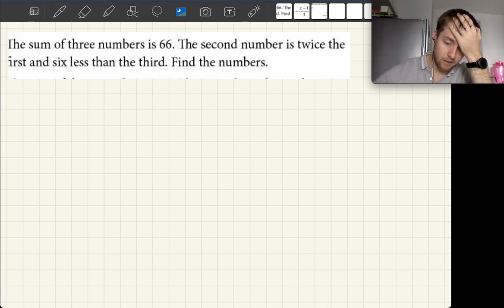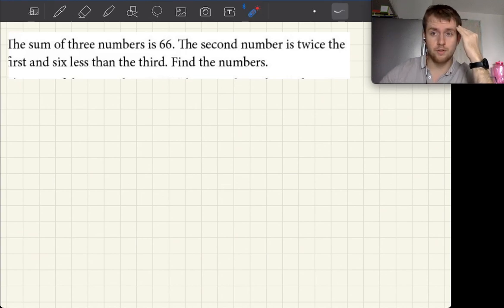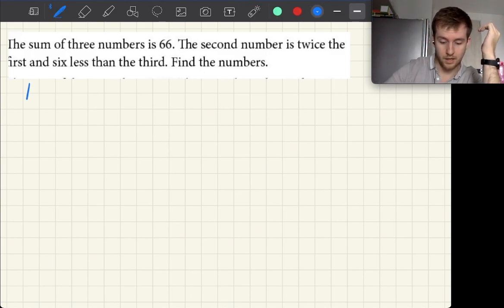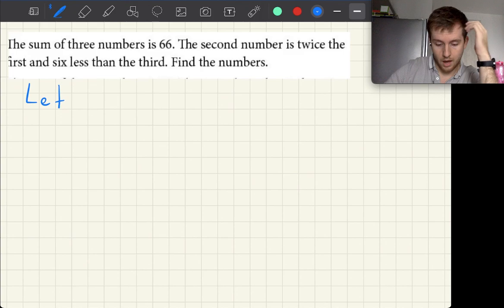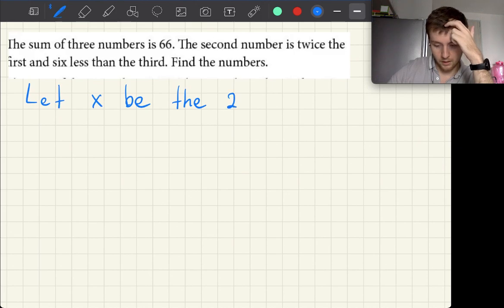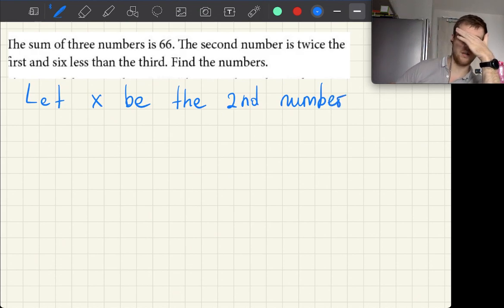So it seems like we have a lot of descriptions based on the second number. So why don't we say, let x be the second number. So x is our second number, okay?